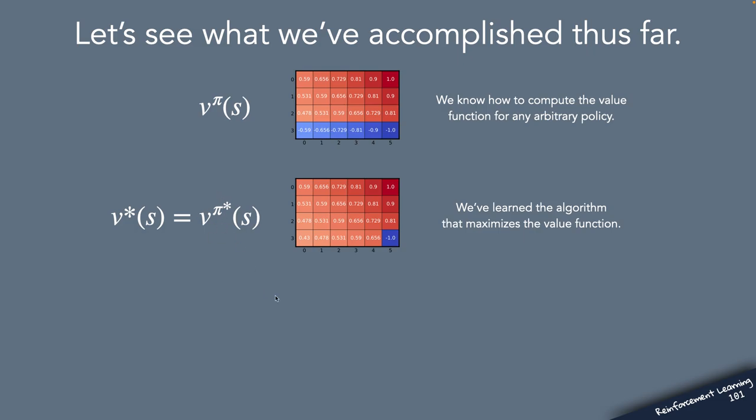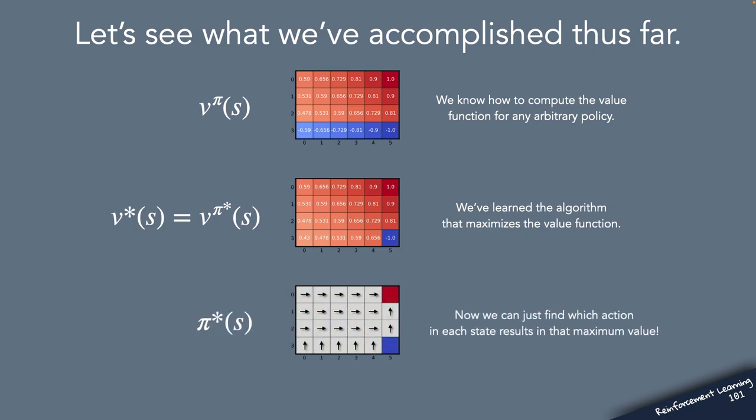And now the last thing that we'd like to do is to retrieve this optimal policy given the optimal value function. We can do that simply by retrieving the action in a given state that results in that particular optimal state value. And this, as you might anticipate, will involve another series of iterating over all possible states and over all possible actions in those states. So let's do that now.